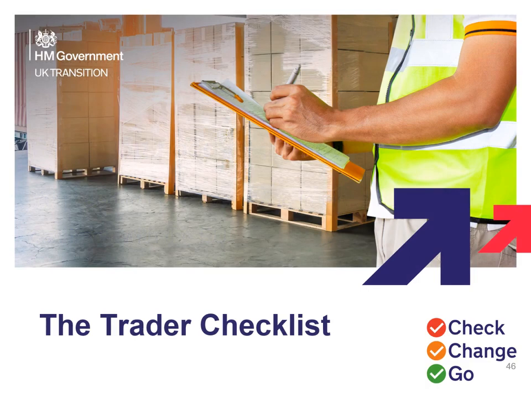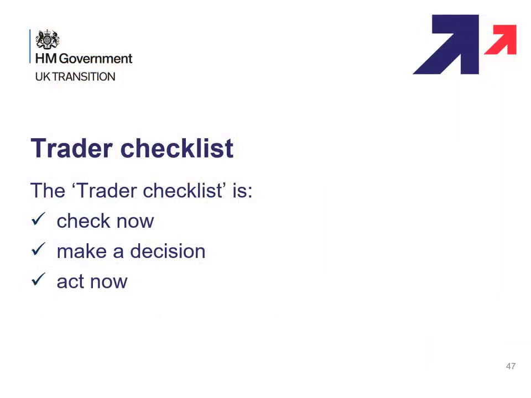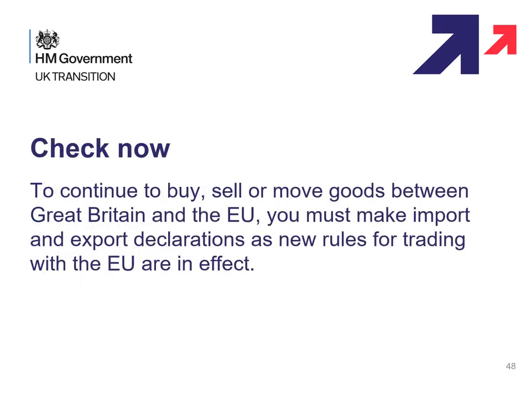So let's have a look at a trader checklist. To summarise, the trader checklist is check now, make a decision, act now. So check now. Do you need to make import and export declarations?